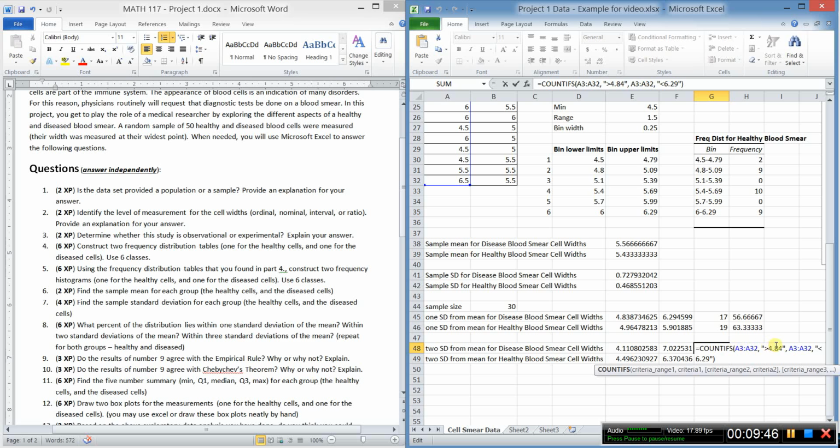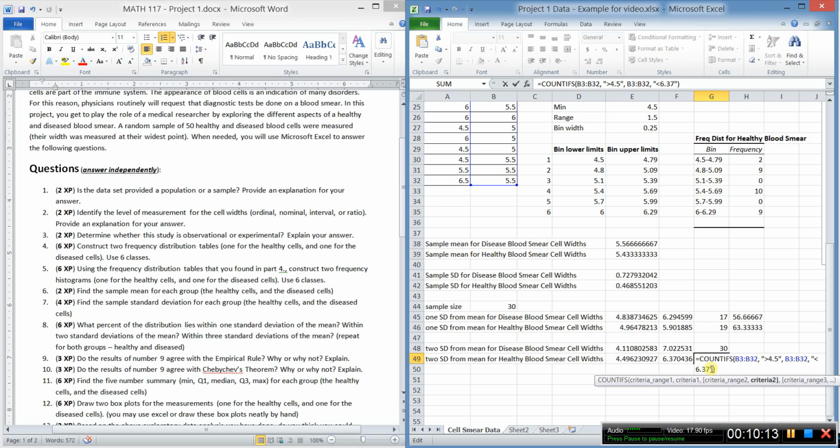Alright, so I just need to change these numbers. So instead of being 4.84, now it's 4.11. And this would be 7.02. Okay, and this one should be 4.496, or that's the same thing as 4.5, rounded. This one is 6.37.